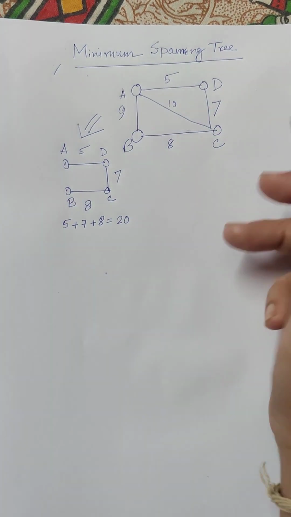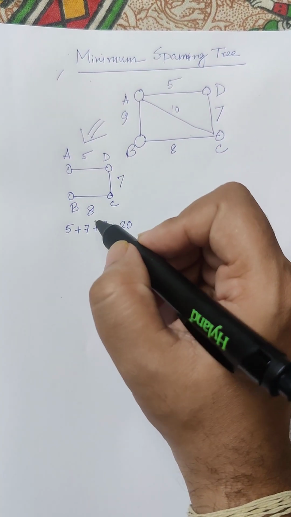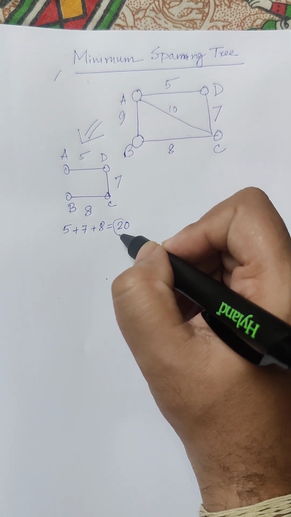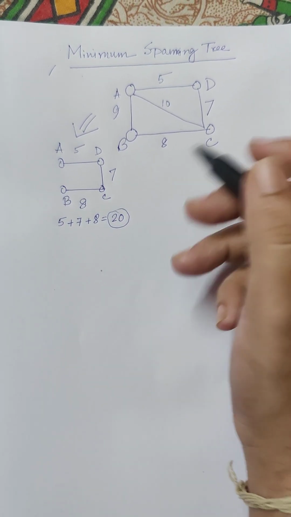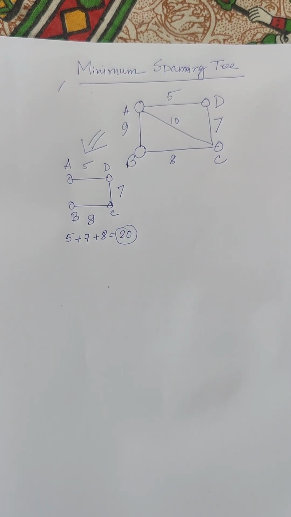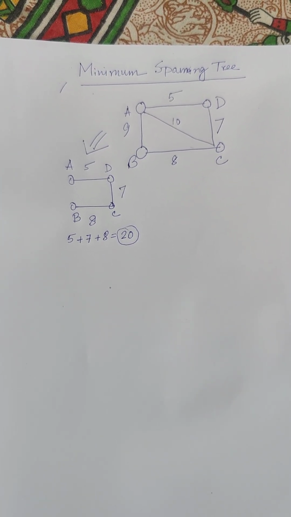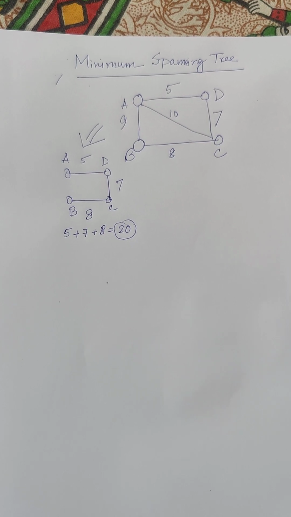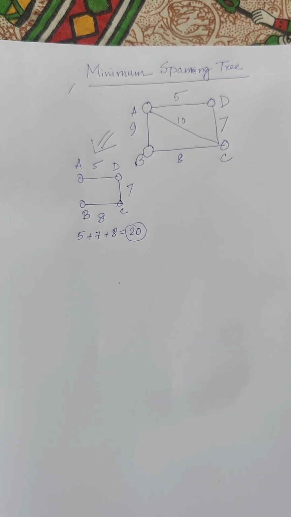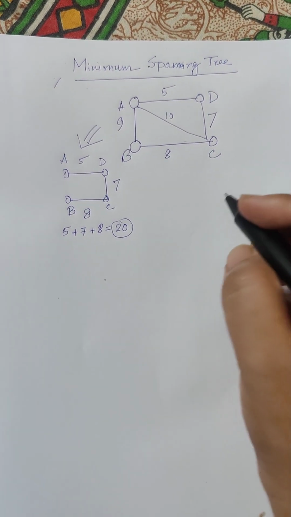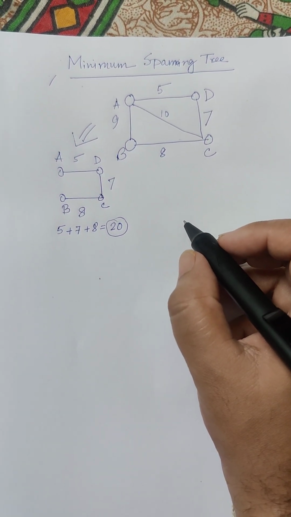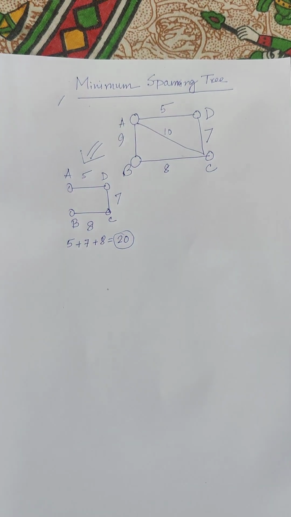If you take any other arrangement, this value is not going to be 20, it is going to be more than 20. This is the minimum. So this is an arrangement which we can generate with the help of our knowledge. Now it is basically a spanning tree.